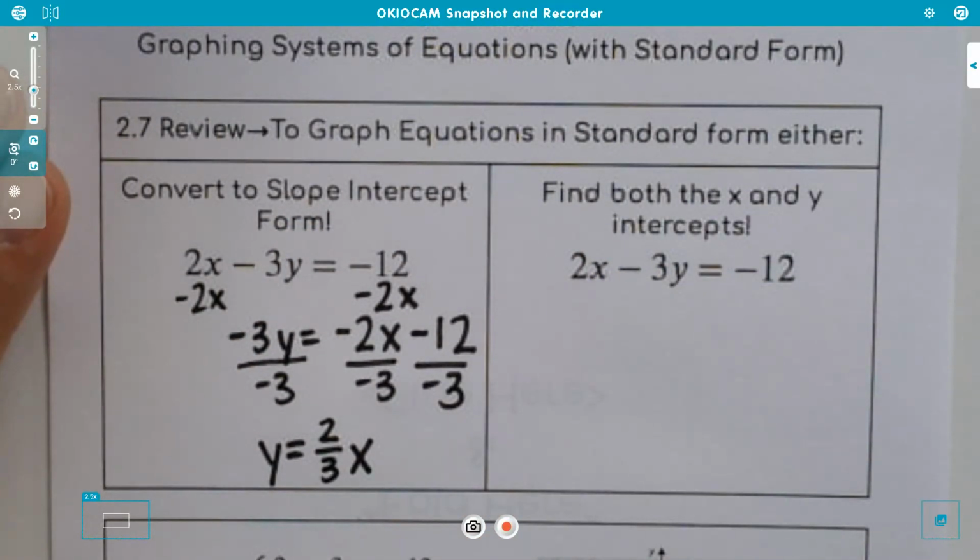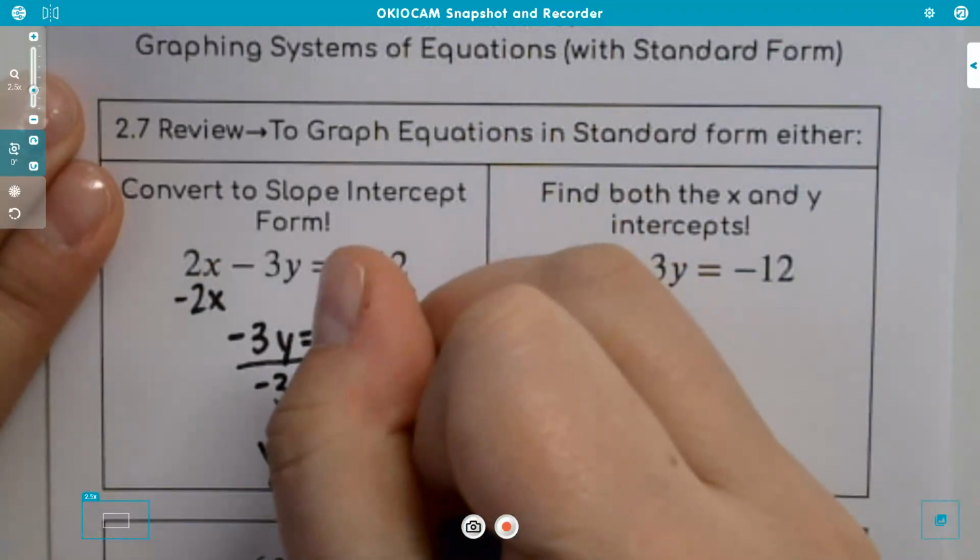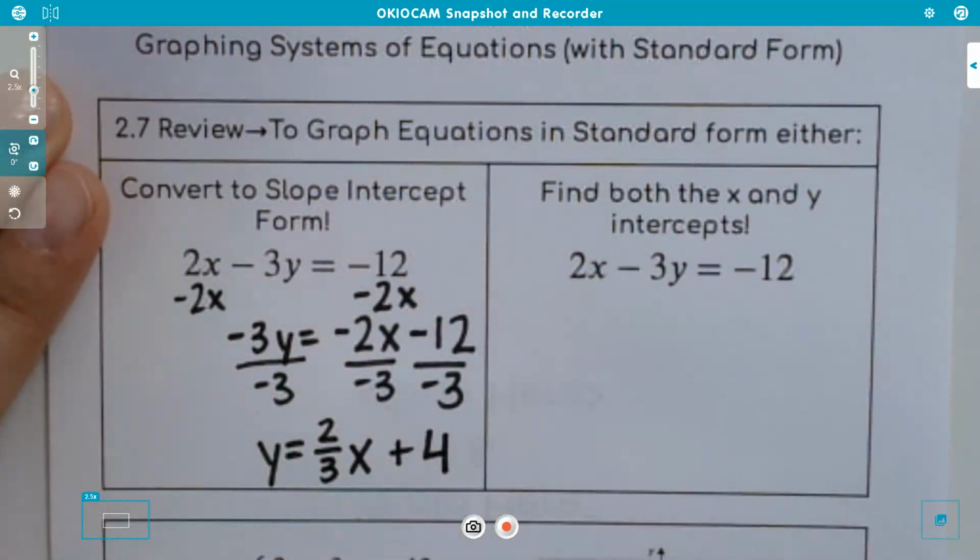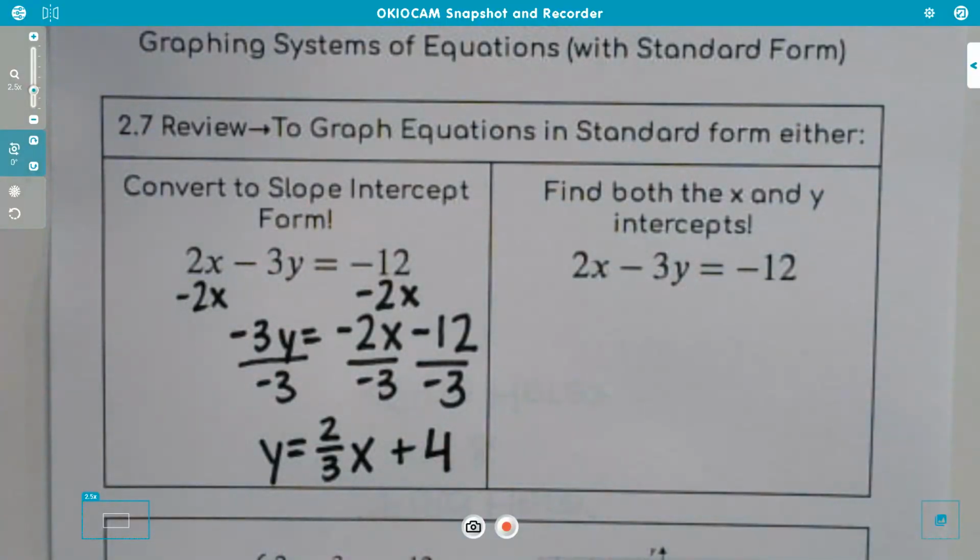And then negative 12 divided by negative 3 is going to be positive 4. So that is how I would convert that if I wanted to convert it. Any questions about converting?